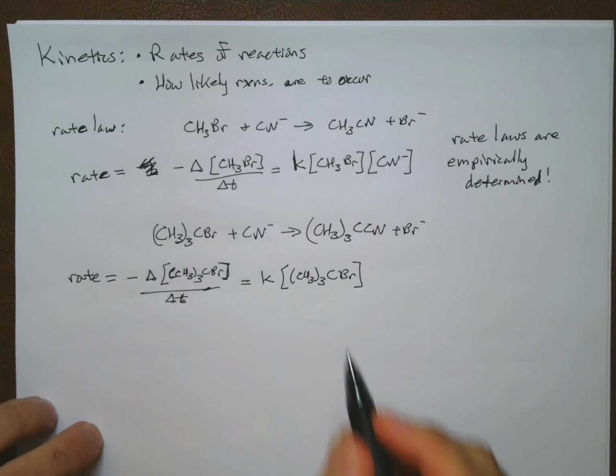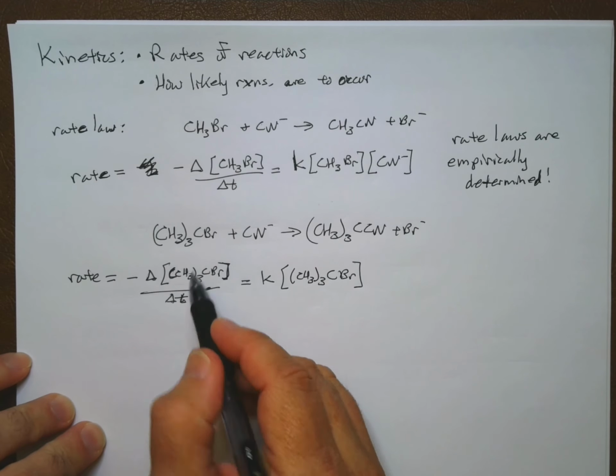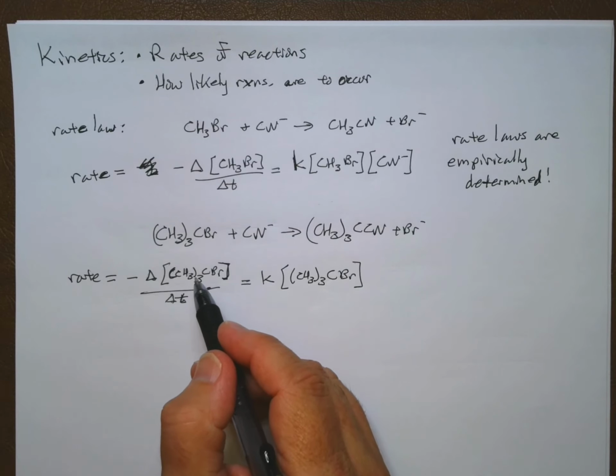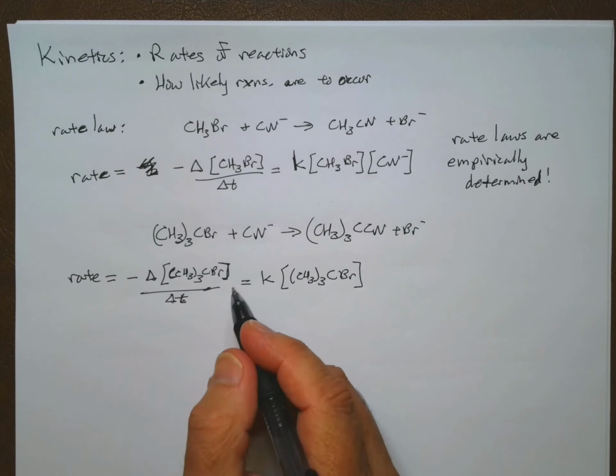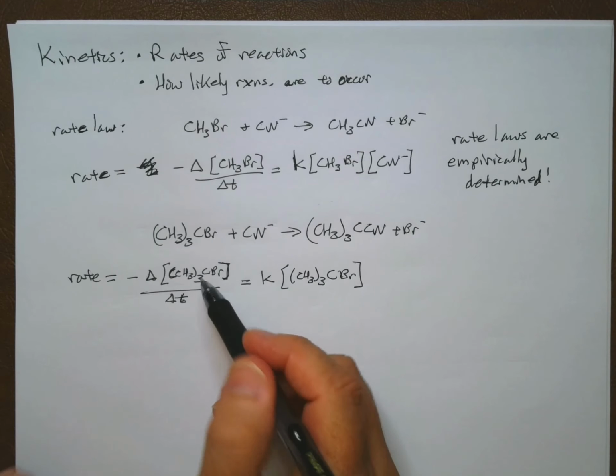So I only have a concentration dependence on one of the reactants in this other reaction. So you actually have to do the reaction and measure its rate in order to come up with a rate law. And this is stuff that you did in Chem 1B.